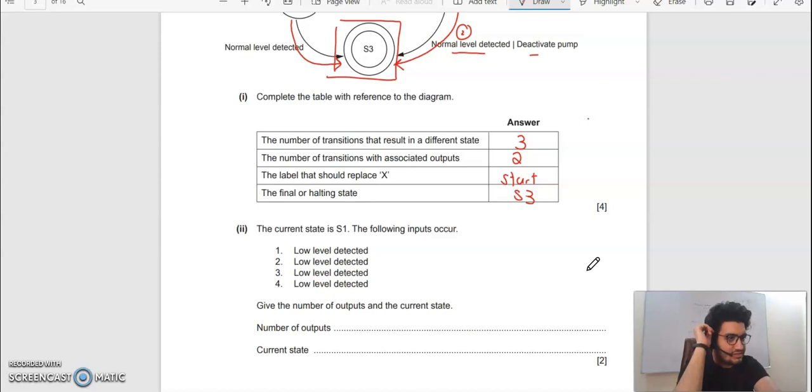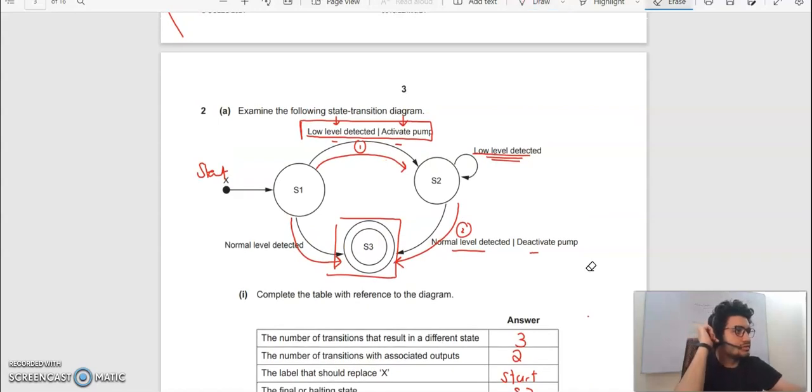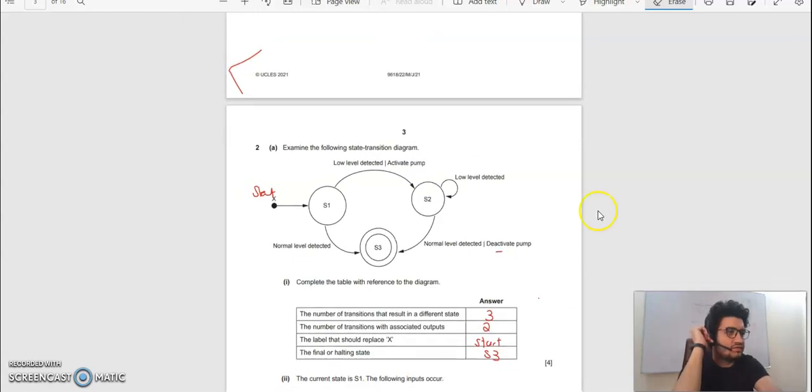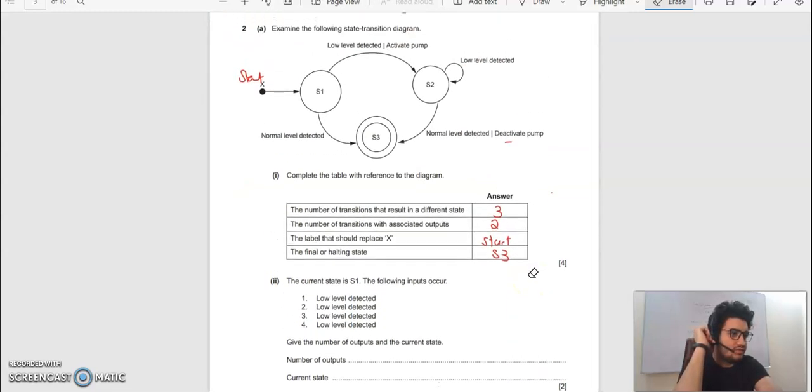All right, so it says the current state is S1. The following inputs occur: low level detected, low level, low level. Give the number of outputs and the current state. So what essentially is happening is that once you start off, you have these particular inputs, the following: low level, low level, low level.